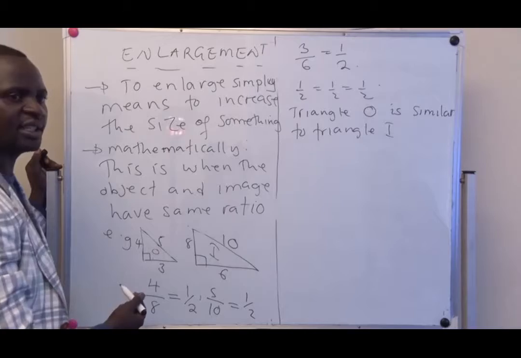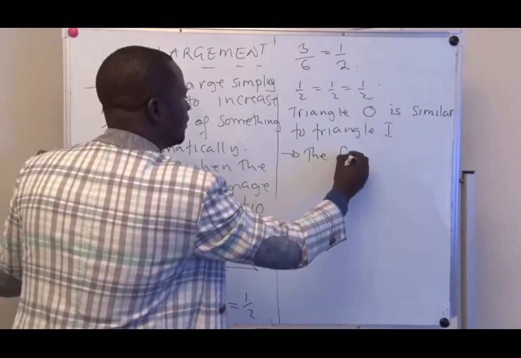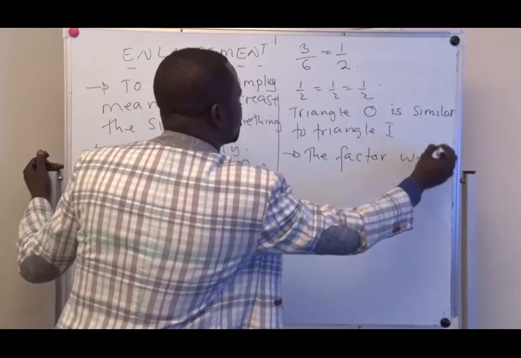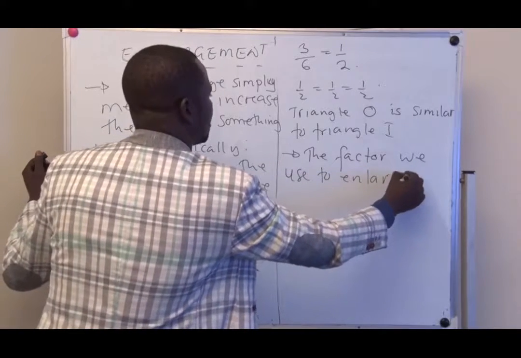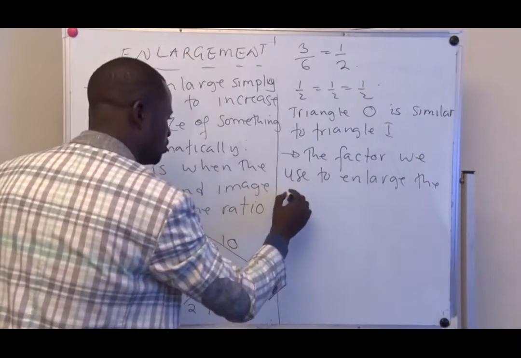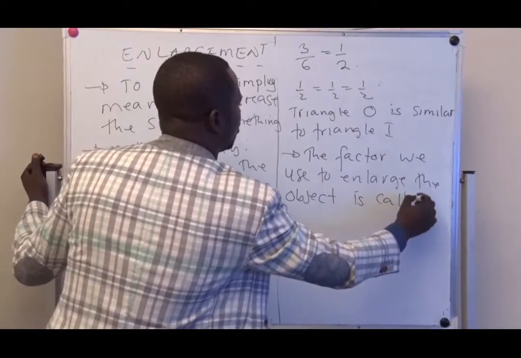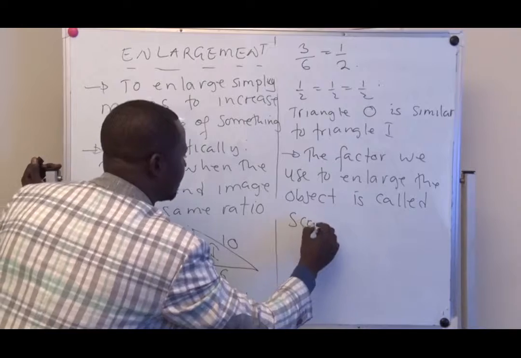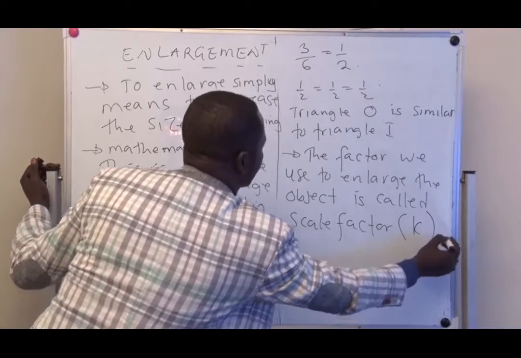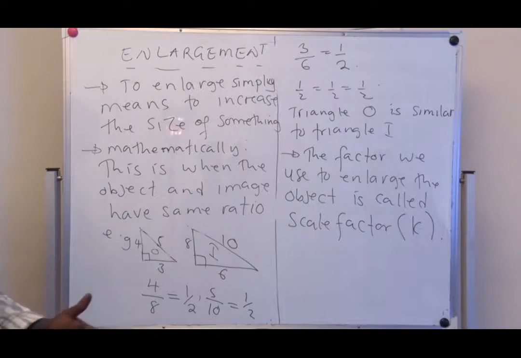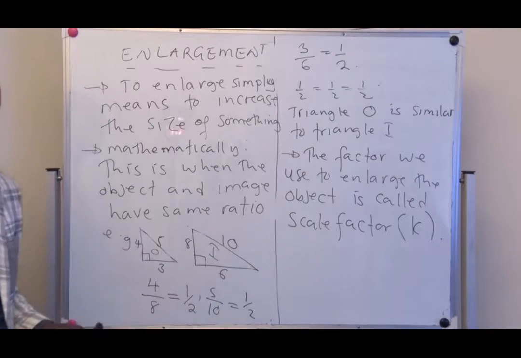So this is enlargement. Now, I want you to remember that the factor we use to enlarge the object is called the scale factor, and it is represented by K. So that factor that we are using to enlarge this object to produce that image is what we call the scale factor.